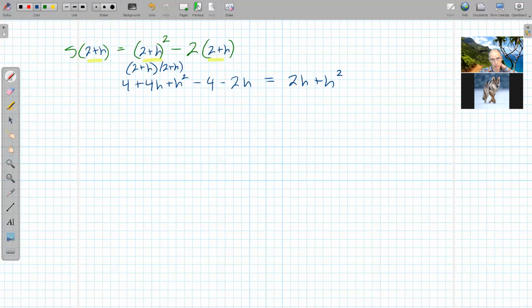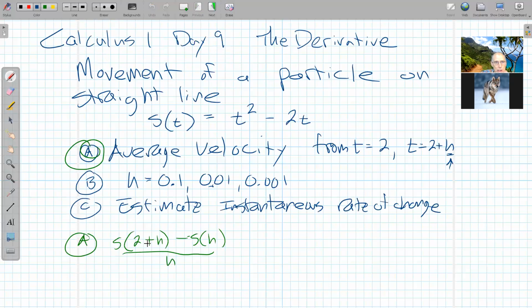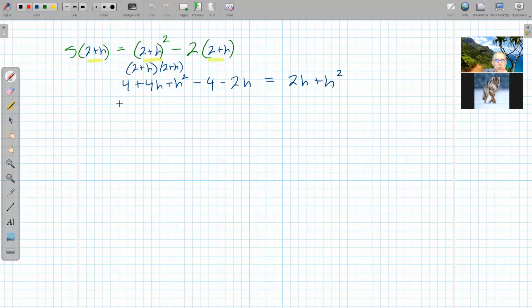So then looking back at our difference quotient, our average rate of change, we then have to subtract s of, ooh, that should be a 2 there. S of 2. And so from that, we're going to subtract s of 2.